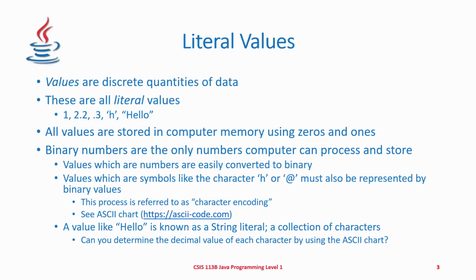In fact, you may be familiar with that. That's referred to as the binary numbering system. Binary is the only thing that computers can process and store, either in memory or on some sort of a storage device.